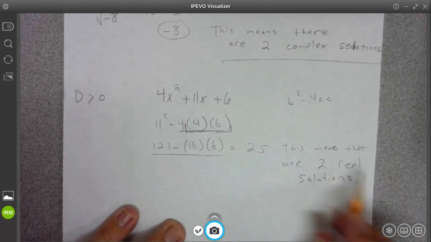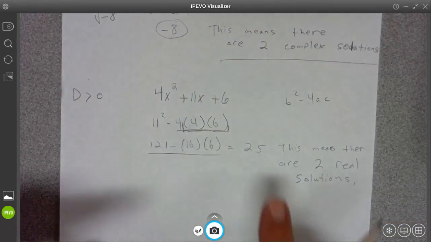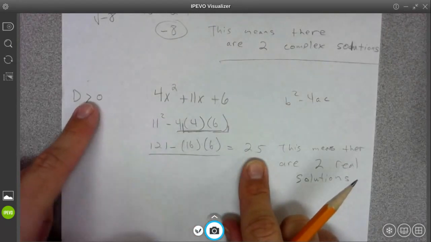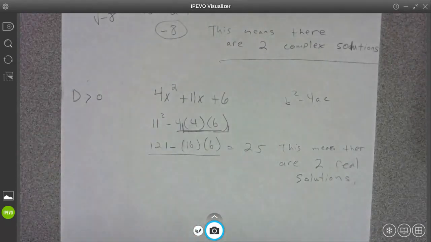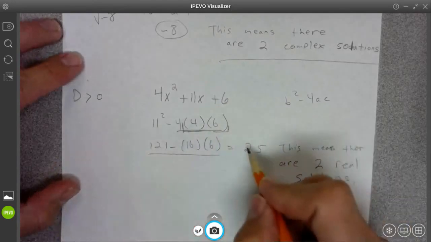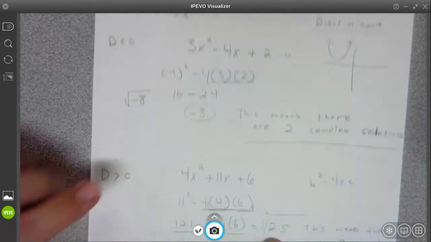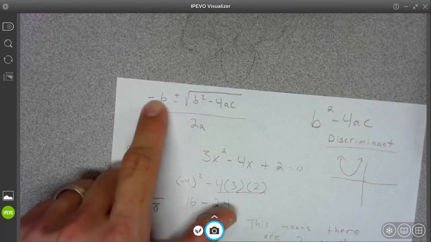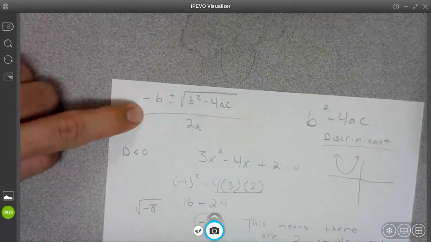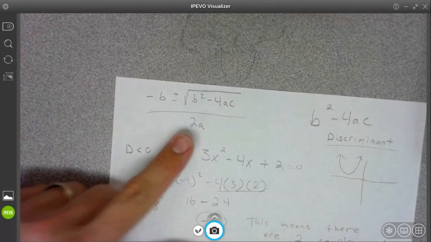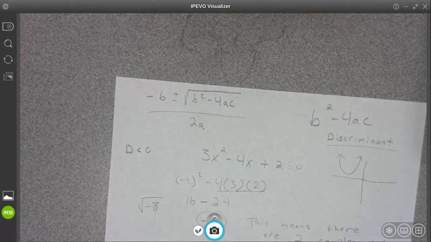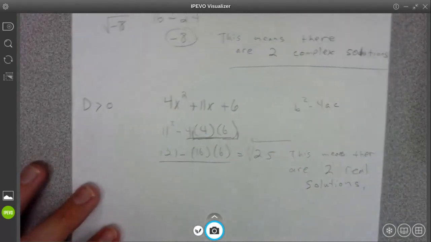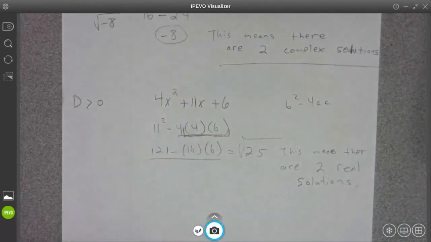If it's bigger than 0, that means you're going to have two real solutions, because when you square root this, which is part of the quadratic formula, you're going to plus or minus it with a number, and then divide that by another number, and that means it is going to be a real number. So far, I guess the only way we can get imaginary numbers is if we square root a negative.